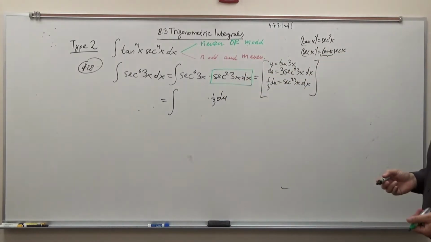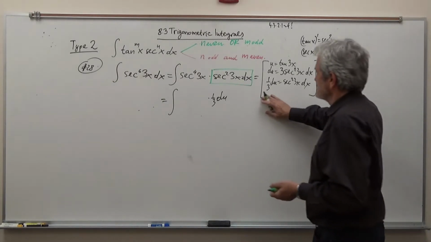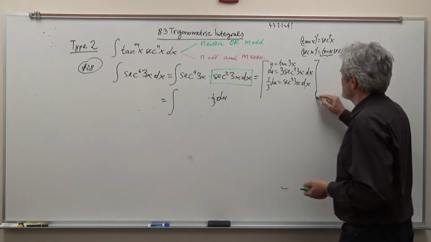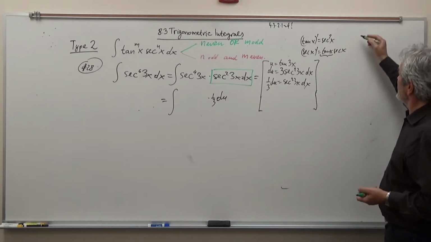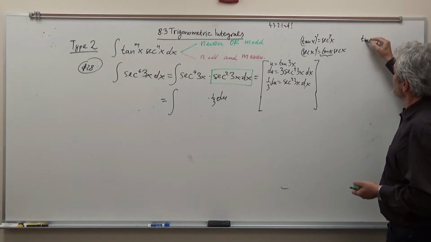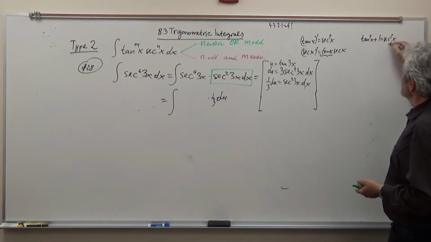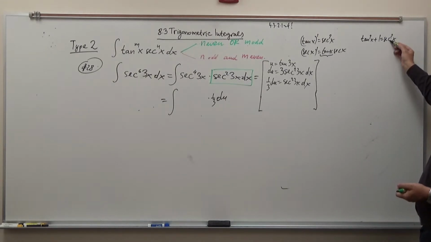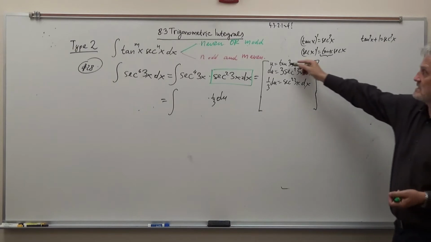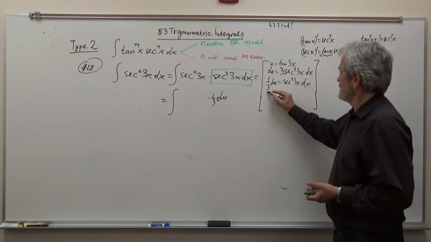But then you can say, wait a minute, what do I do with the secant to the 4th? As long as it's an even power, it's easily tradable using trig identities. Because another one to know, we also mentioned it: tan squared x plus 1 equals secant squared x. So if I want to trade secant squared into tans, because tans are our substitution, then we'll get what?